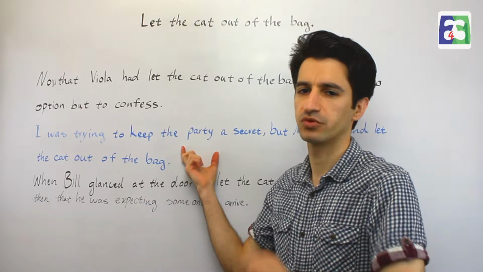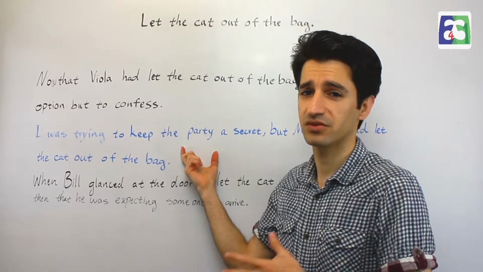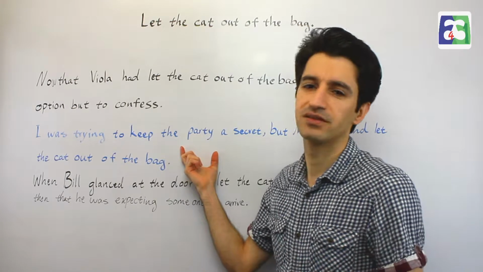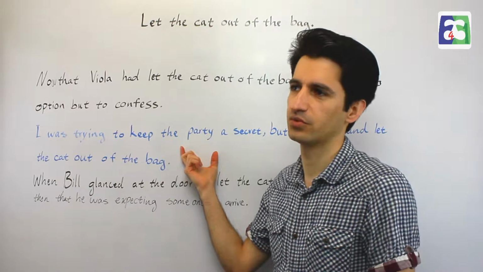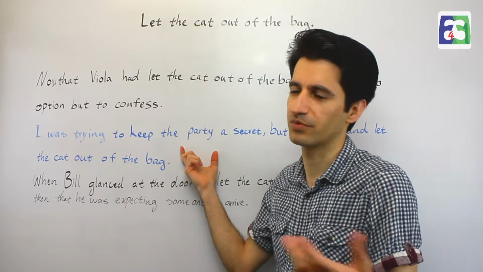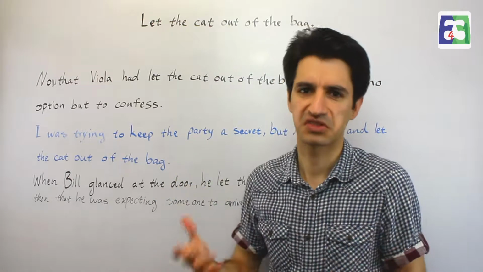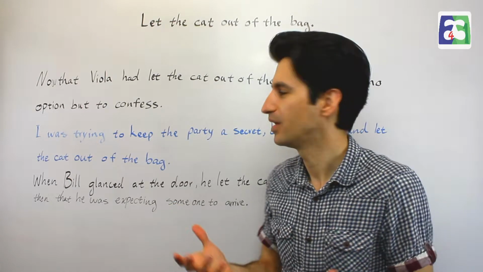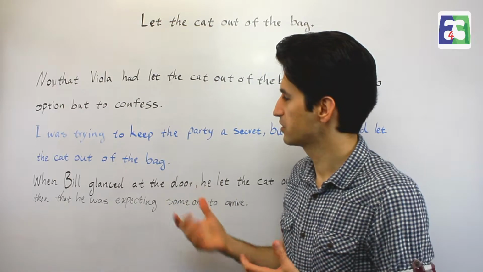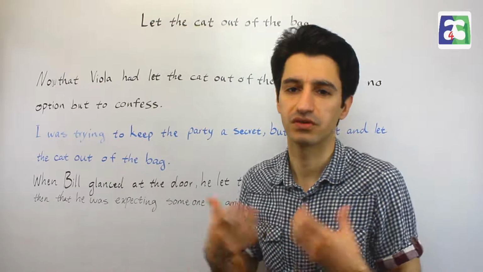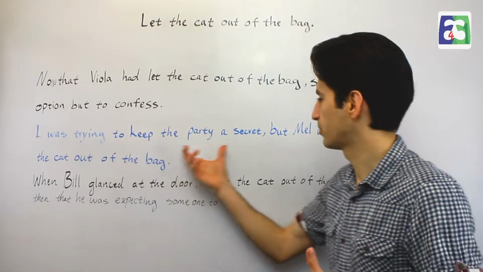We are asking people to come over, but we do not tell them that there is such a party or that it's a birthday. Even the person whose birthday it is doesn't know about it. We are inviting people, cooking, doing lots of things and keeping the party a secret.